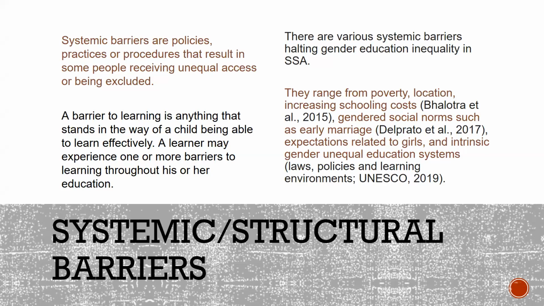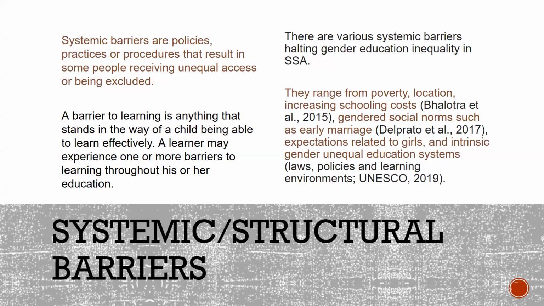And you may find that some of these are gender related, some of them are race related, some of them are related to disability, it's so many things. So there are various systemic barriers that hinder gender education inequality in our region.